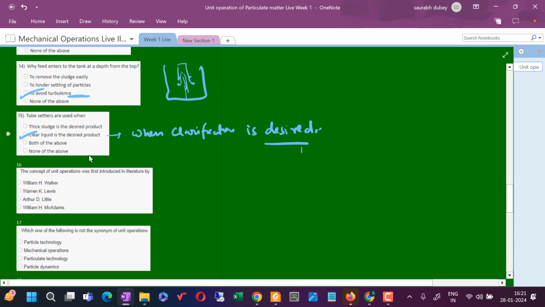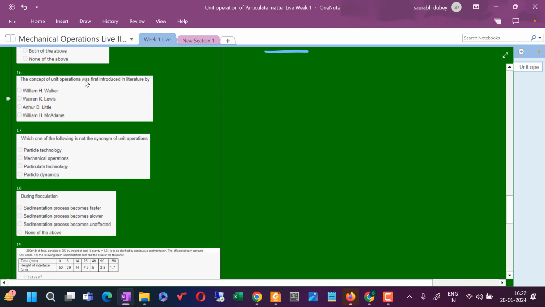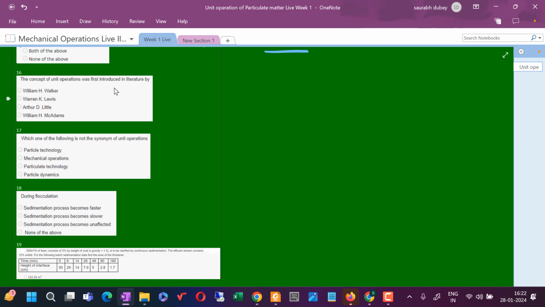Now, the concept of the unit operation was first introduced in the literature by whom? William H. Walker, Warren K. Lewis, Arthur D. Little, or William H. McHugh. If you look at the question, this has been told in the lecture also, at the very beginning.